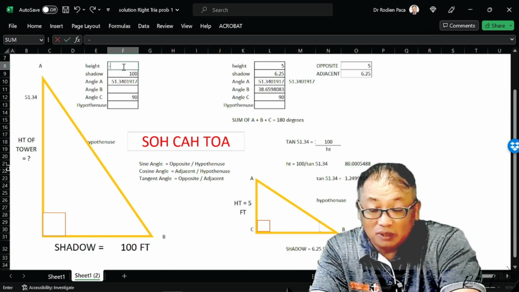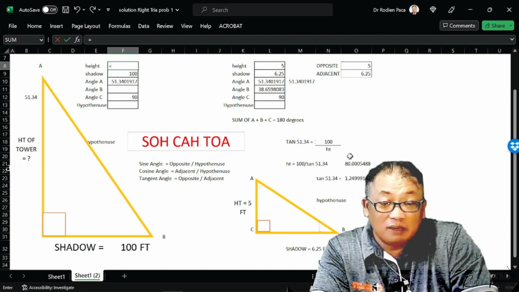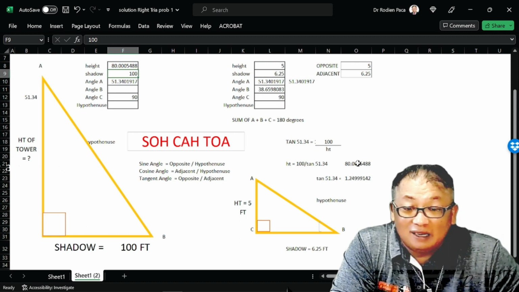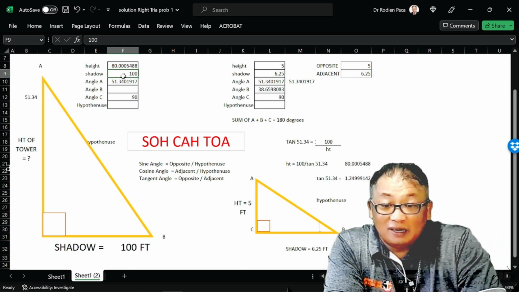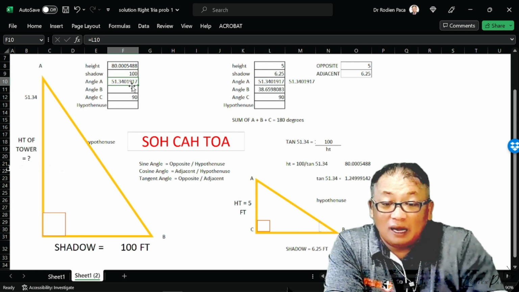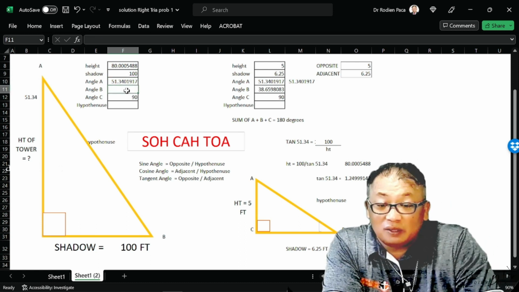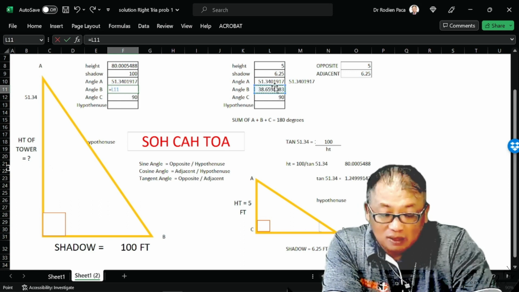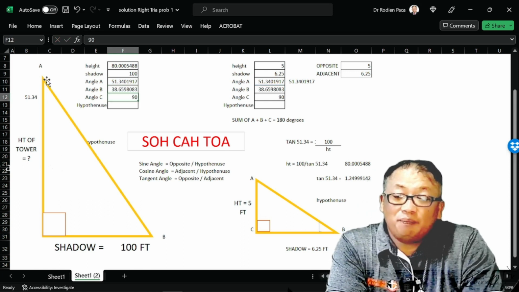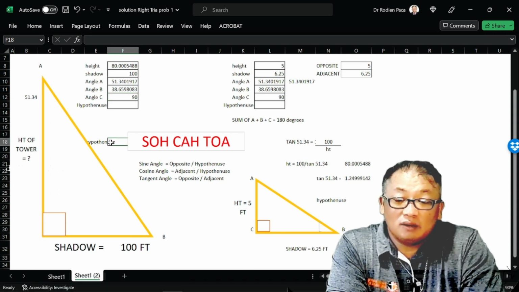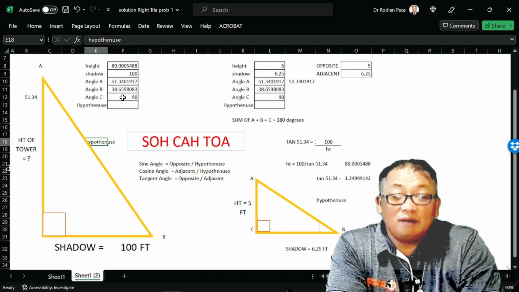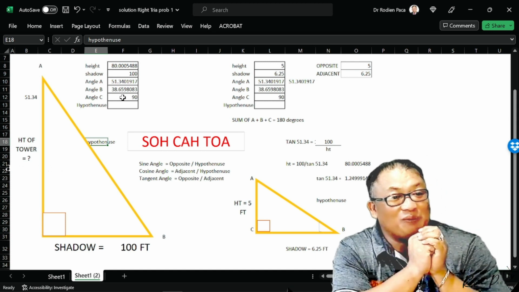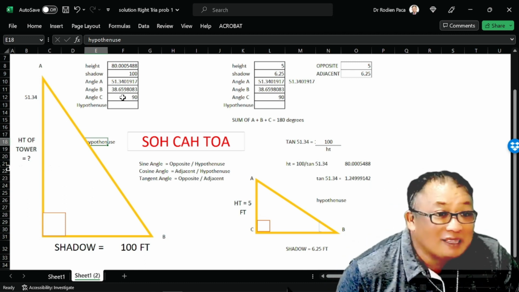Okay, so the height of the tower, which is being asked by the problem, is simply 80 feet, and the shadow is 100 feet. The angle A is 51.34. The angle B is just the same, of course. Now the hypotenuse, which is this one, is actually irrelevant to the problem, but we can solve that later because we're going to use another formula, what we call the Pythagorean theorem.